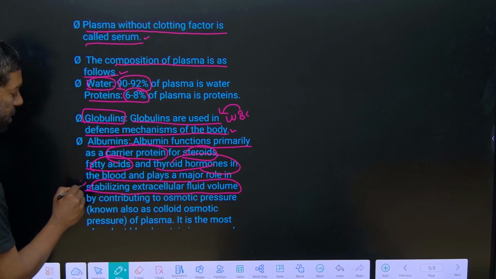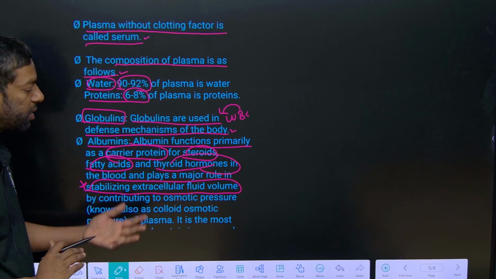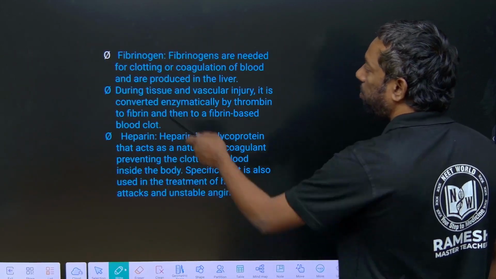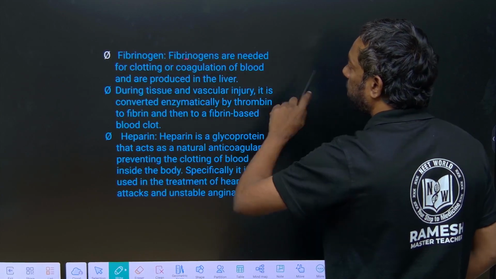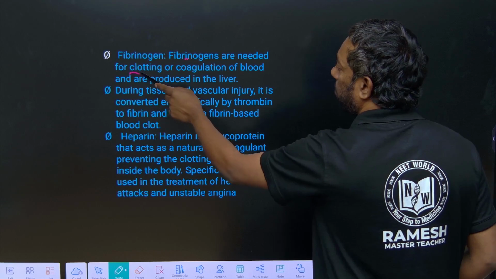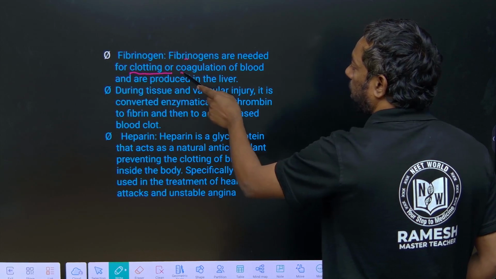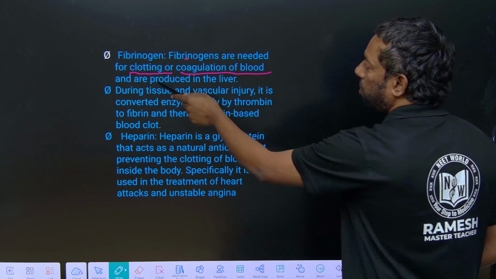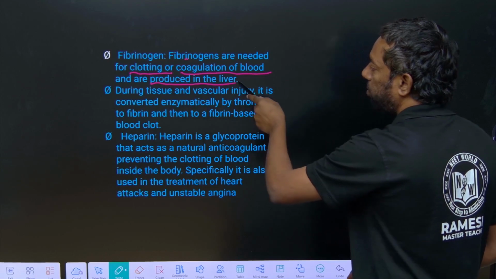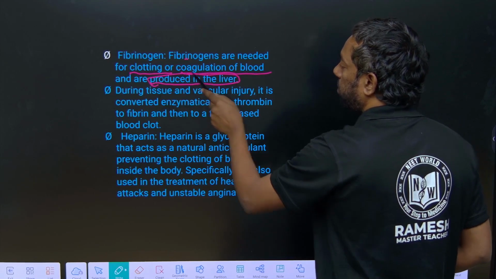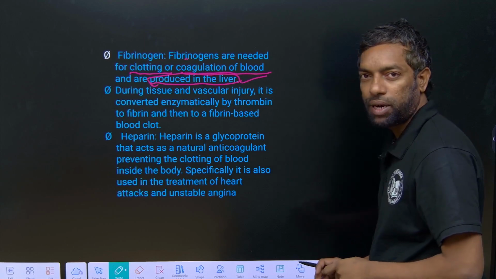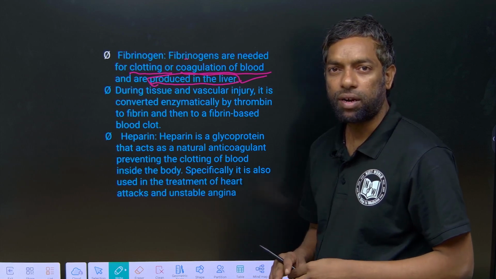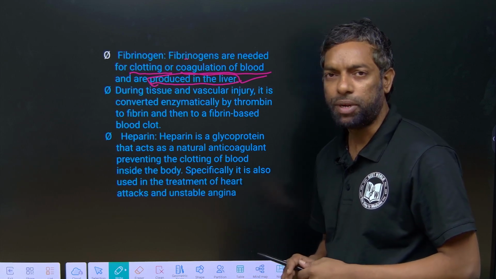This is most important. Fibrinogen is needed for clotting or coagulation of the blood and is produced in the liver. Albumin is produced in the liver, but globulins are produced in the WBC.